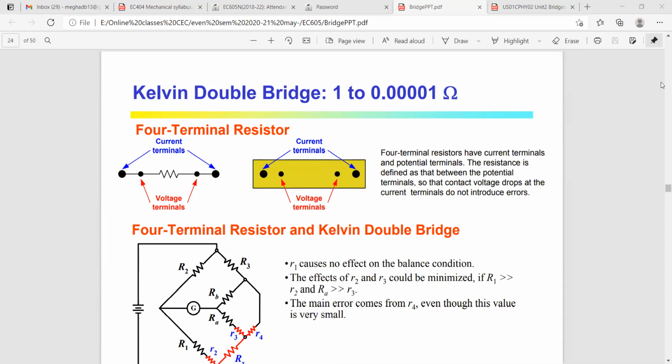A Kelvin double bridge is a modified version of the Wheatstone bridge, which is why after Wheatstone bridge we are learning Kelvin double bridge. It can measure resistance below 1 ohm with high accuracy.